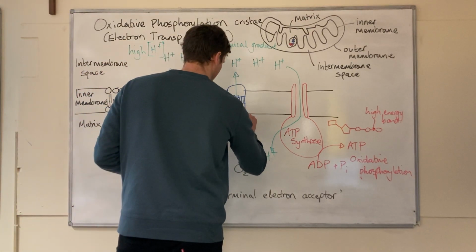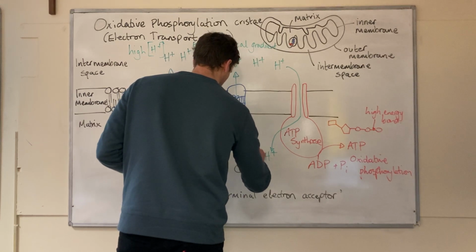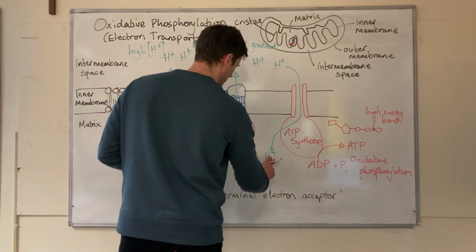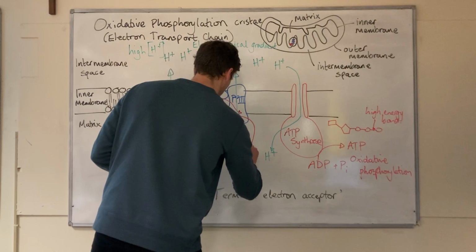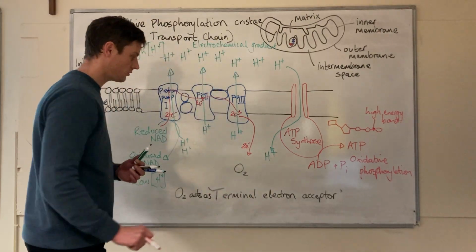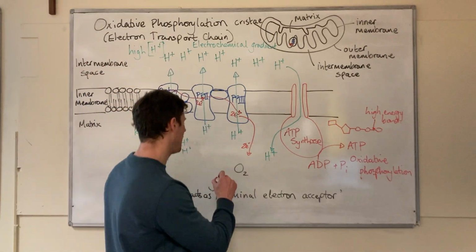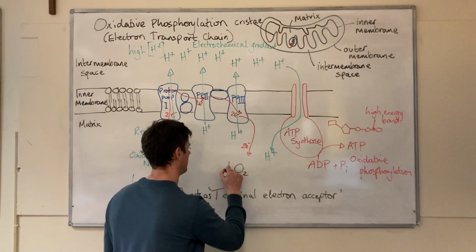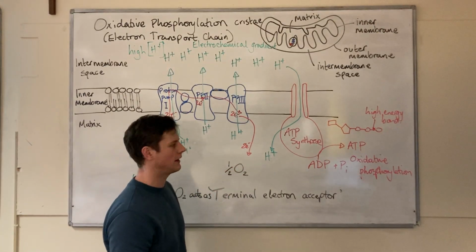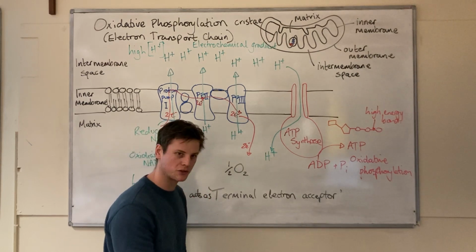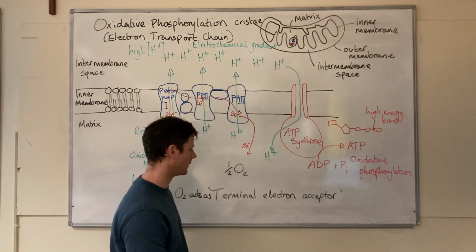Okay. Now, what's going to happen is the protons and the electrons and the oxygen will combine together. So I'm going to call this half an oxygen molecule. Now, of course, you don't get half an oxygen molecule, but it does balance my equation.